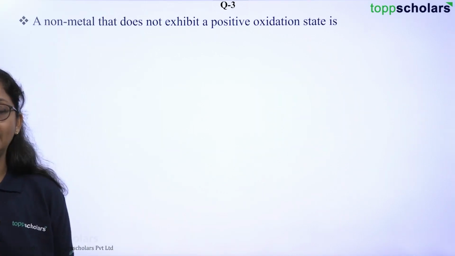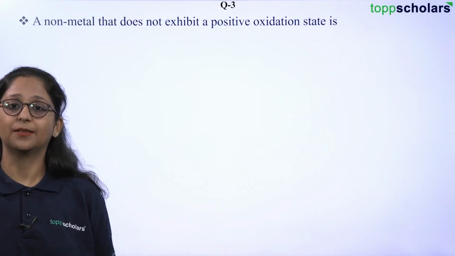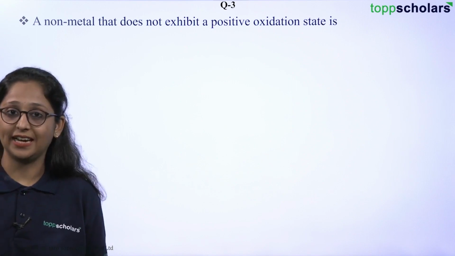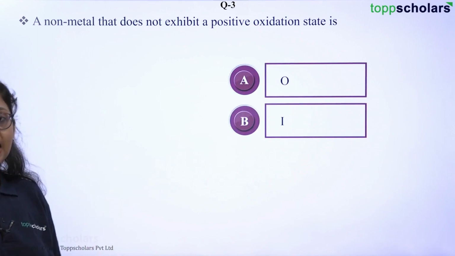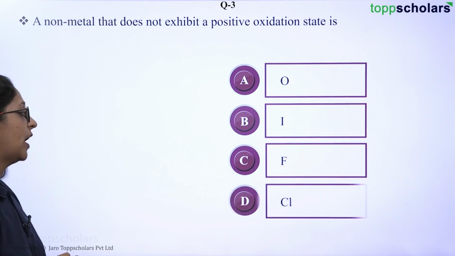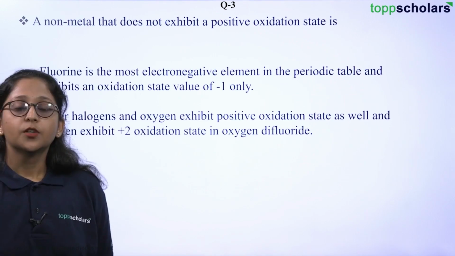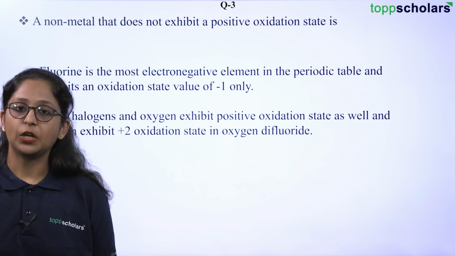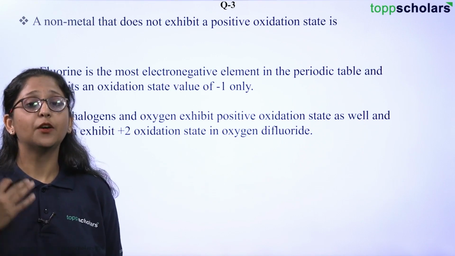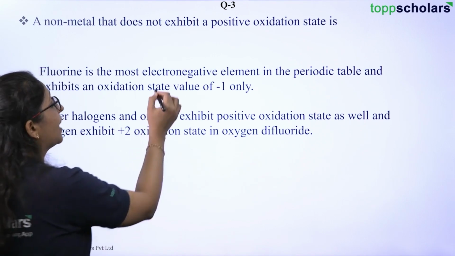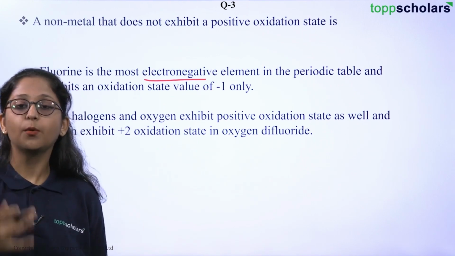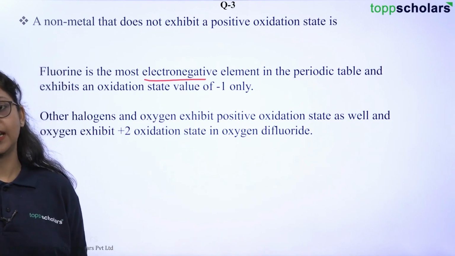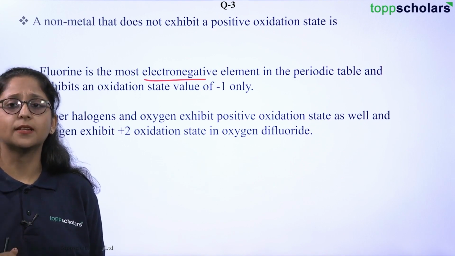So a non-metal that does not exhibit a positive oxidation state is option A O, option B I, option C is F and option D is Cl. So here among the given options which are provided to us, we can see that fluorine is the most electronegative element in the periodic table and that is going to exhibit an oxidation state value which is just -1.